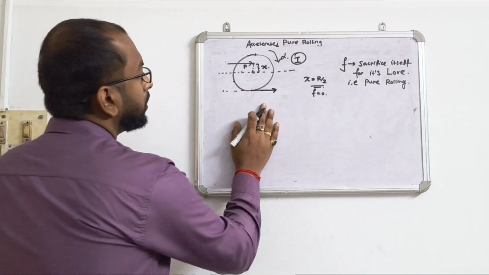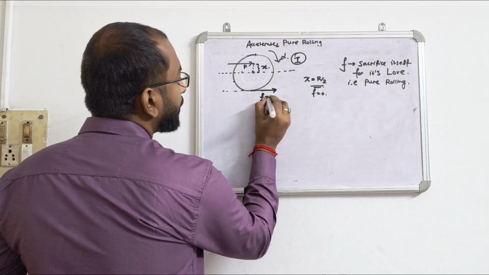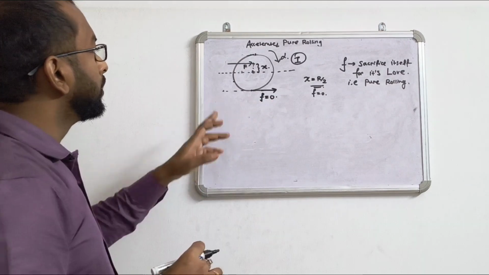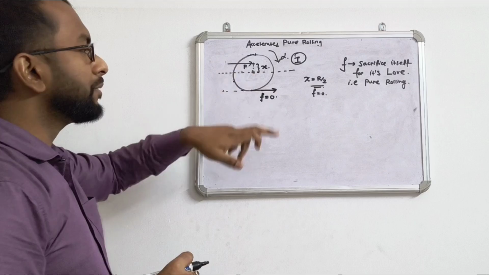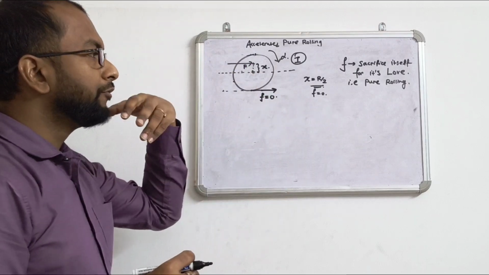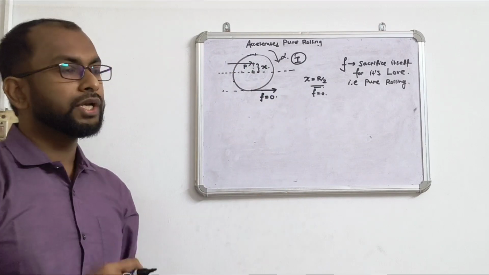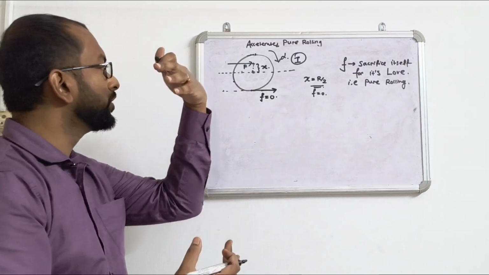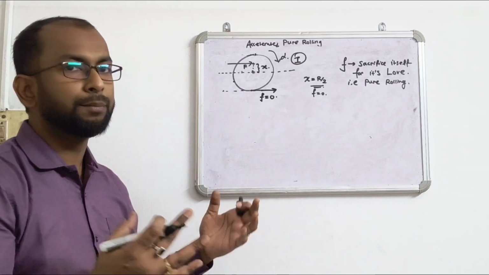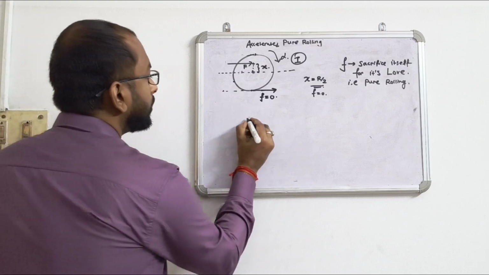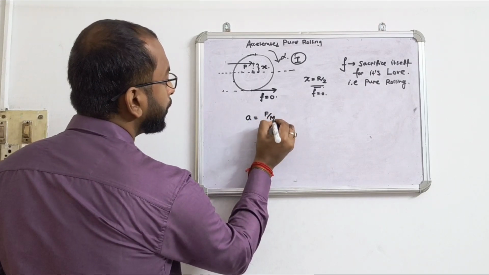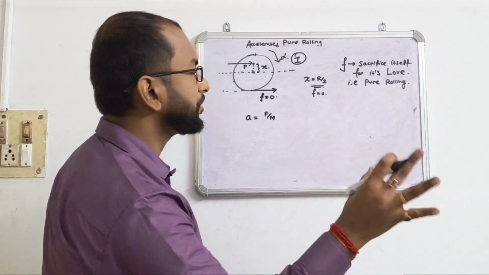Now friction will be 0. There is no friction acting. That means this force itself provides the linear acceleration in the forward direction, as well as enough torque in the clockwise direction to sustain pure rolling. Then what is the acceleration? F by m, because friction is 0, it sacrificed itself.